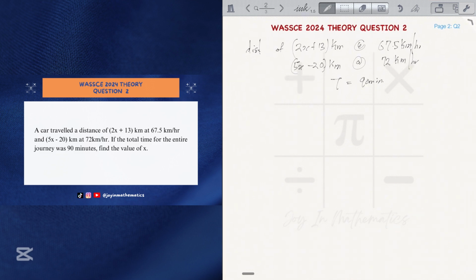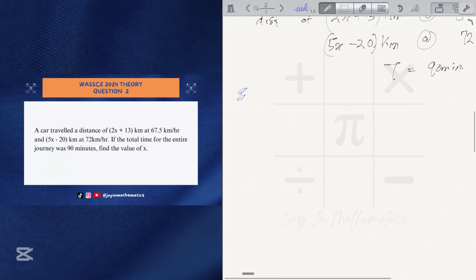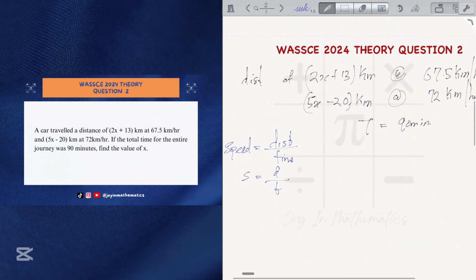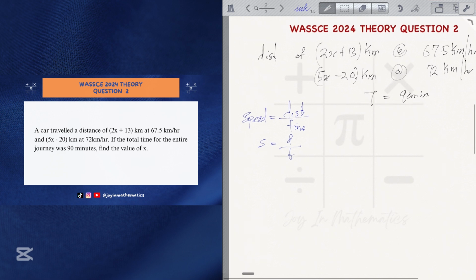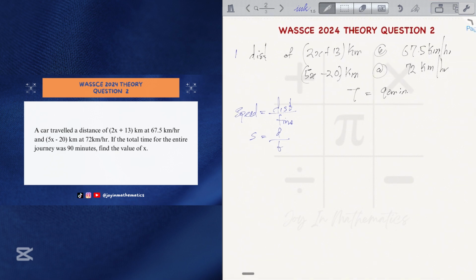That means we have to understand the principle behind distance, speed, and time. Speed is equal to distance divided by time, so S equals D divided by T. The journey is split into 2, so we have distance 1 and distance 2, which we call D1 and D2, with speed 1 and speed 2.